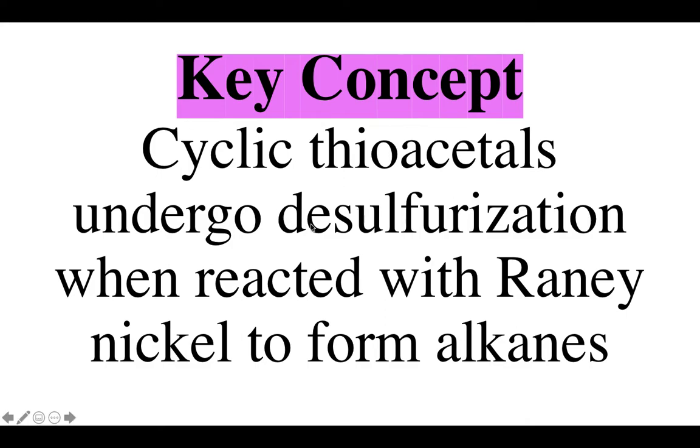The D prefix should indicate to you that we're taking out. D means without. So without sulfur. We're going to remove the sulfur. And how do we remove the sulfur? When we react our cyclic thioacetal with Raney nickel. By removing that sulfur, that'll convert our cyclic thioacetal into an alkane.